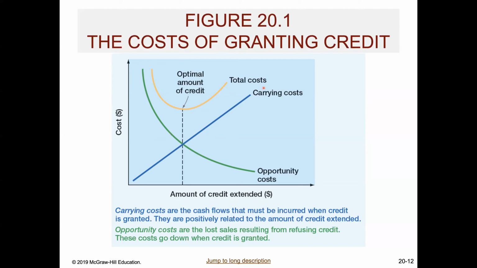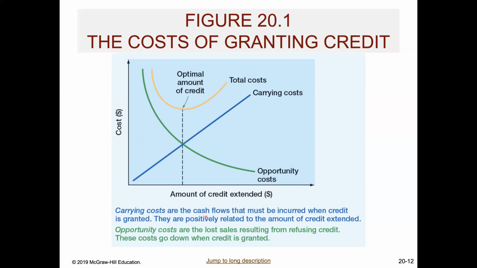So the more credit we extend, the more lenient we are on our credit terms, the more chance that people will default and we'll end up with bad debt. On the other hand, opportunity costs, if we don't offer credit, we may lose sales. So the more credit we offer, the more sales we will receive, and so that reduces the costs. So where these two meet is where the optimal amount of credit is.